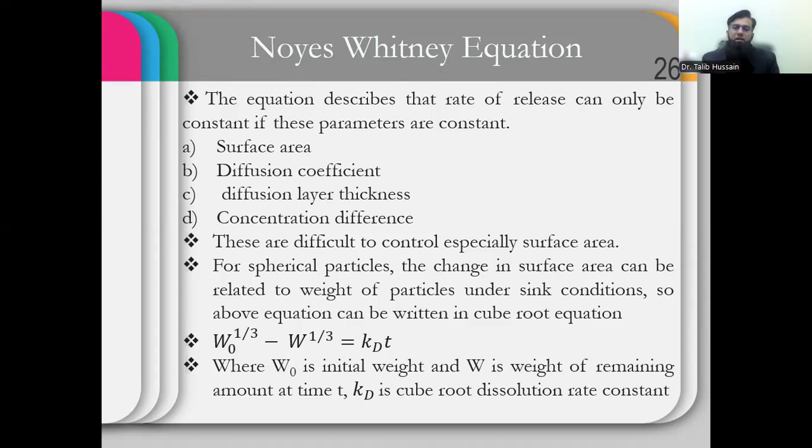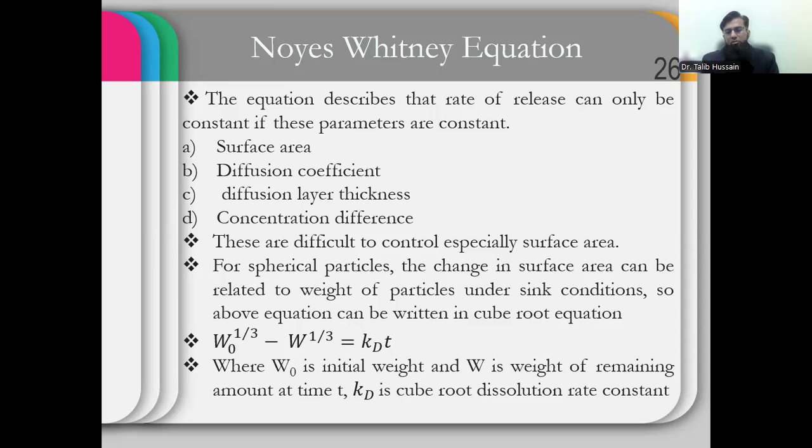It can be better demonstrated by replacing the concentration with weight, the weight of the particles. As weight can be determined easily, particles on a weight basis can be ensured to be in a sink condition. So we can rearrange the Noyes-Whitney equation into the cube root law, the Hixson-Crowell cube root law.